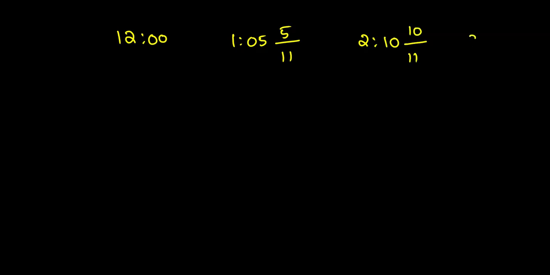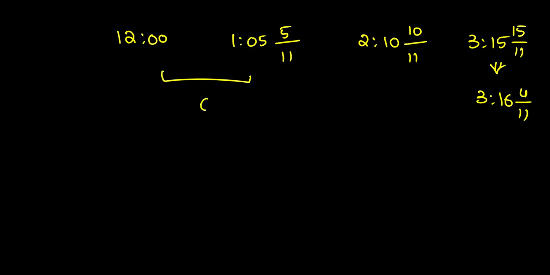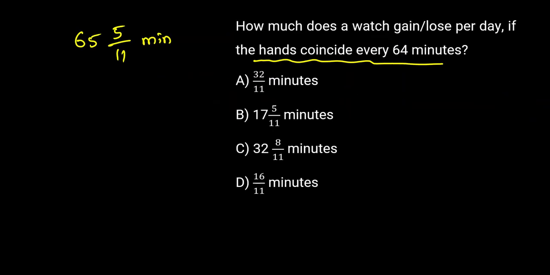Then it is 3:16 4/11, or 3:15 15/11, which can be modified as 3:16 4/11. If you check it out, it is coinciding every 65 5/11 minutes. If the watch is correct, not faulty, the hands coincide every 65 5/11 minutes. But in this question, they said it will coincide every 64 minutes. So it is a faulty watch.